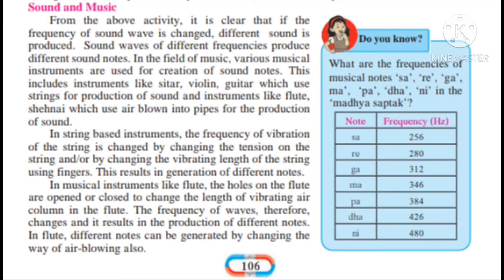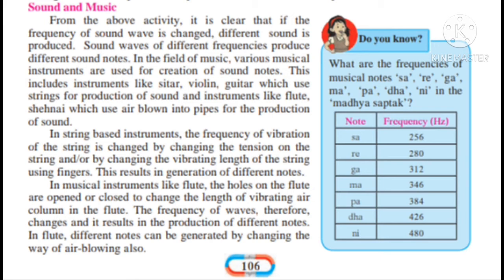Now let us study sound and music. From the above activity, we have studied that if the frequency of a sound wave is changed, we get a different kind of sound. Sound waves of different frequencies produce different sound notes.